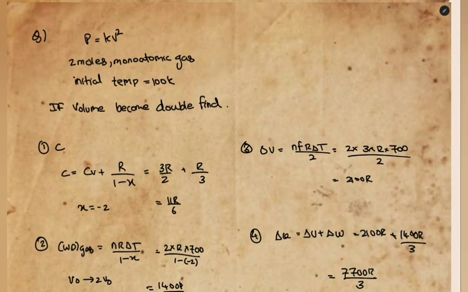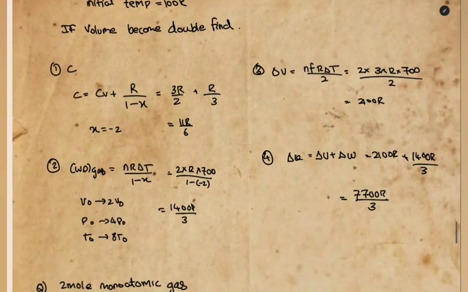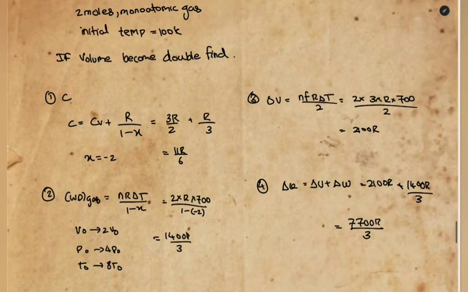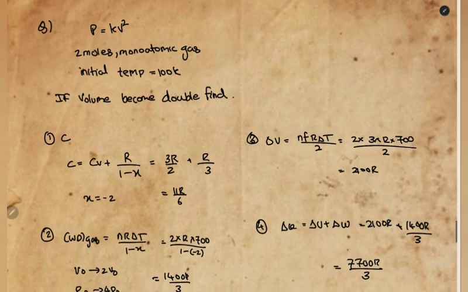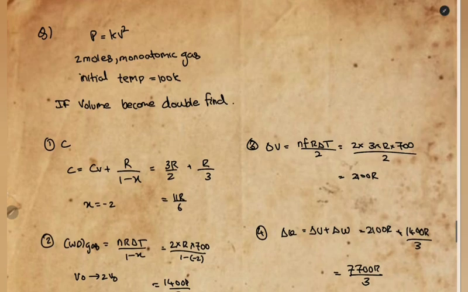P is equal to kV square. 2 moles of monoatomic gas, initial temperature is equal to 100 Kelvin. If volume became double, find C, delta U, delta Q, and work done by the gas. I think this is again an easy question.